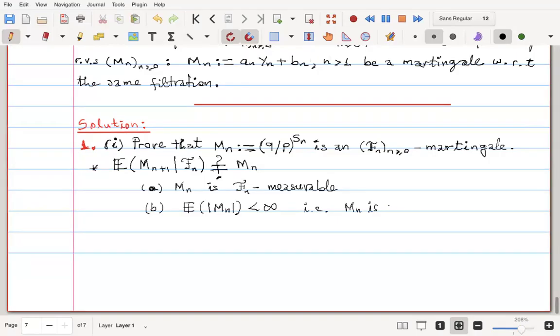Absolutely integrable, if you want. Absolutely integrable means that it's integrable. And finally, the last one is the martingale property, which is this one.